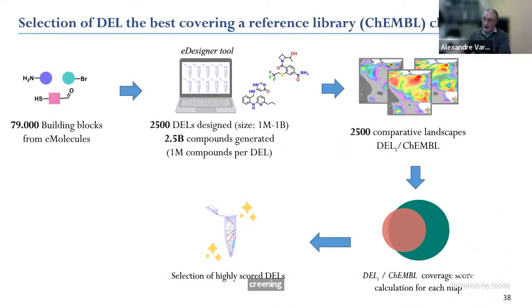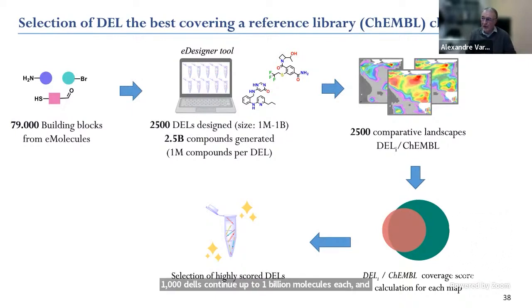We assumed that such a DEL is one that best covers the chemical space. We believe that it delineates a chemical space of biologically relevant molecules. Using a collection of 79,000 building blocks from the eMolecules database, with the help of the eDesigner tool from Eli Lilly, we generated more than 2.5 thousand DELs containing up to 1 billion molecules each.